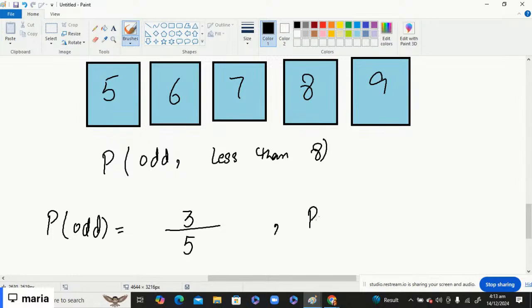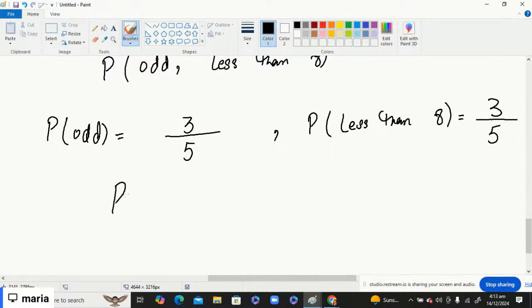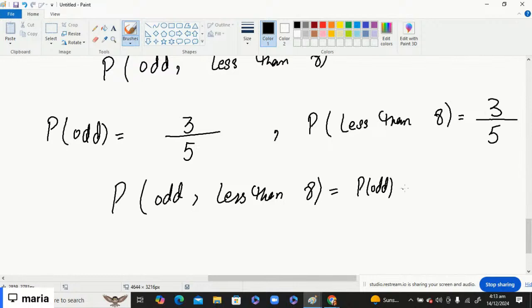Now let's find the probability of less than 8. Same thing: how many total numbers? 5, putting that in the denominator. How many numbers are less than 8? 5, 6, and 7. So we can say 3 by 5. Now, the probability of odd and less than 8 together is the probability of odd times the probability of less than 8.